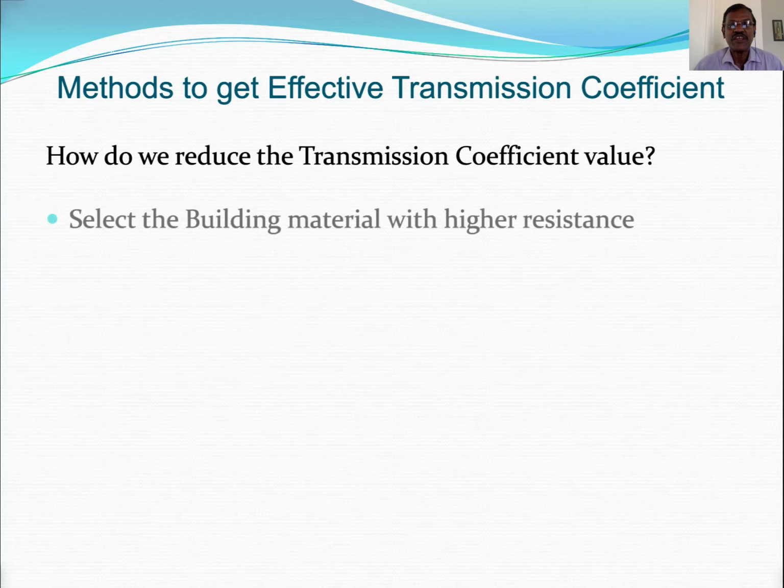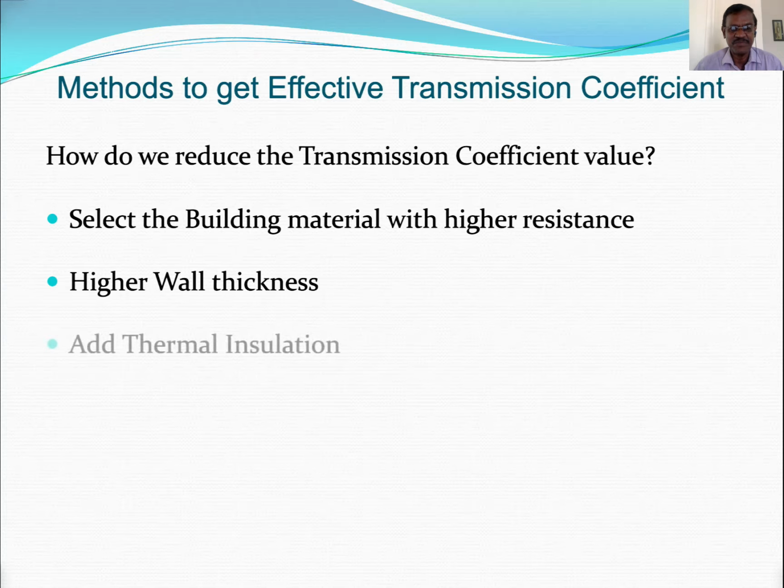I am listing out some of the things. One is to select the building material with higher resistance. If resistance is high, automatically the U value will become low. Next is the thickness of the wall or ceiling, you have to increase it. Higher the thickness, lesser the heat transfer, or higher the thickness, lower the U value.